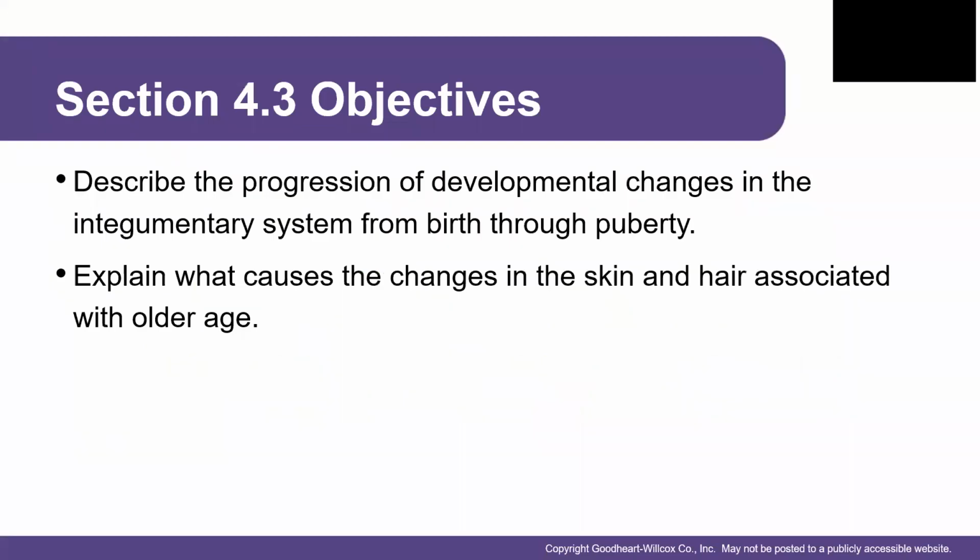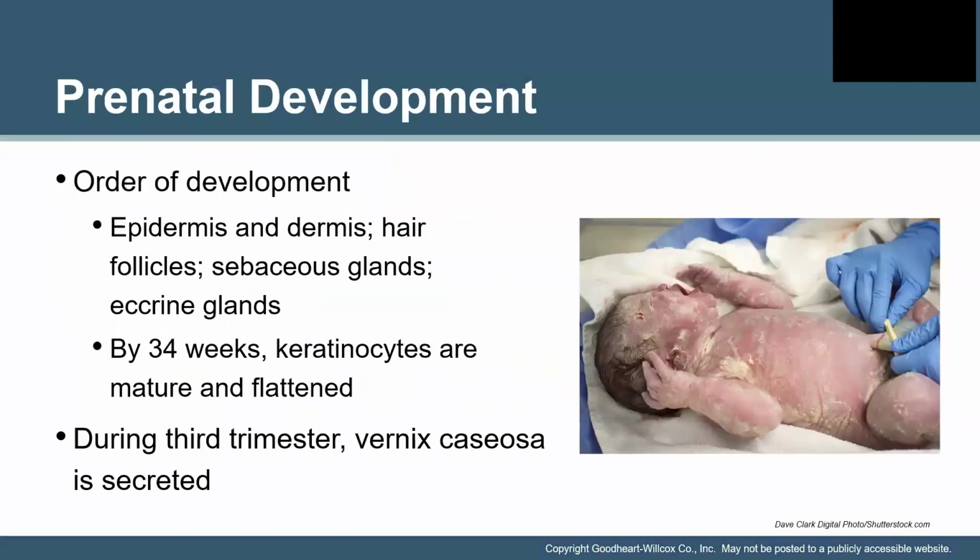All right, so let's talk through a little bit of how the integumentary system develops. In the developing fetus, the beginnings of the epidermis and dermis are present by the end of the first month.